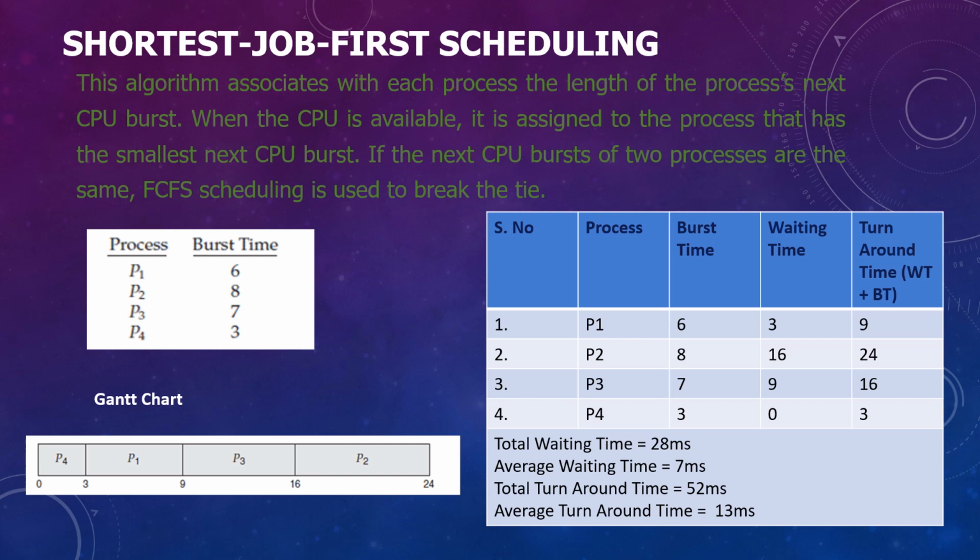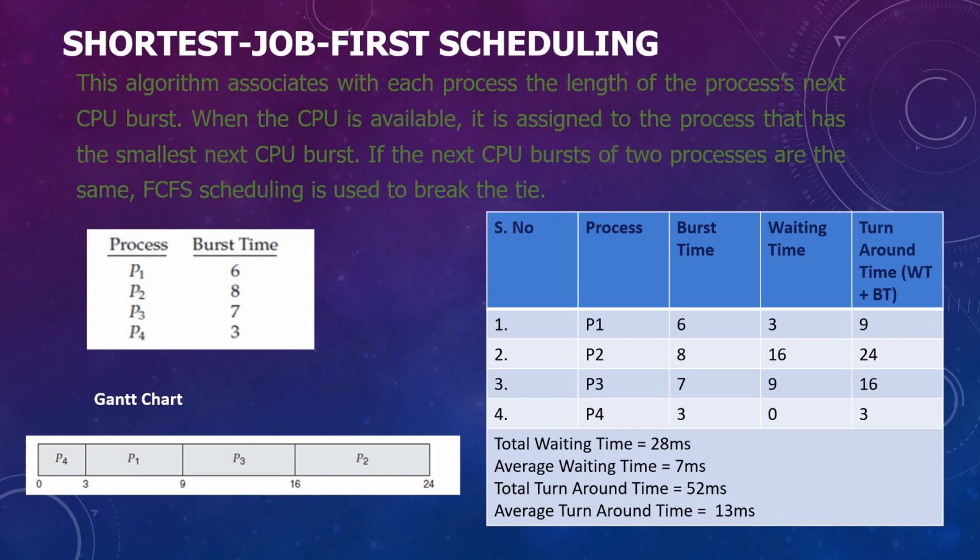Okay, so this is the table where we have calculated the waiting time and the turnaround time of each process. For process P1, the waiting time is 3 milliseconds. When you look at the Gantt chart, process P1 enters for execution at 3 milliseconds, so the waiting time for process P1 is 3.